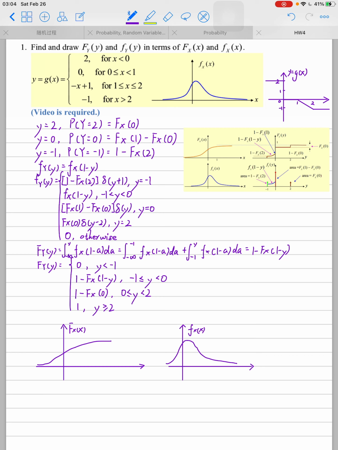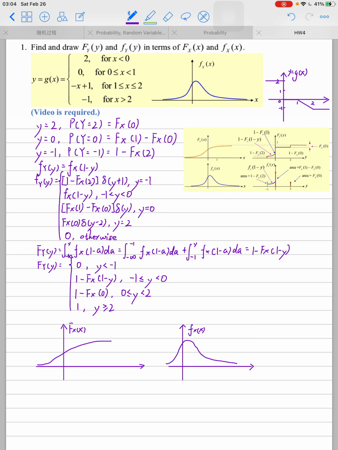So we can get F_Y(y) equals 0 when y is smaller than negative 1. F_Y(y) equals 1 minus F_X(1 minus y) when y is larger than negative 1 and smaller than 0.